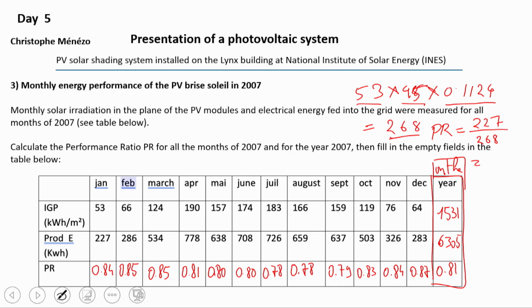So performance ratio will be 0.847. Okay, thank you.